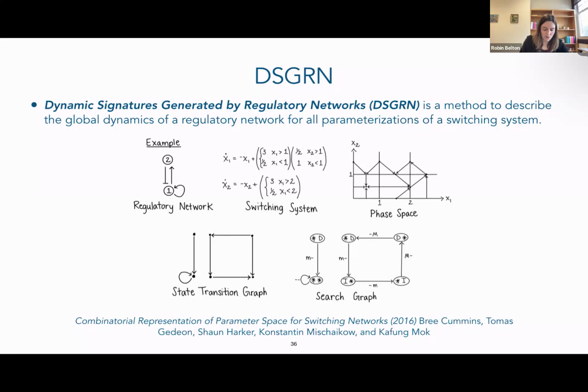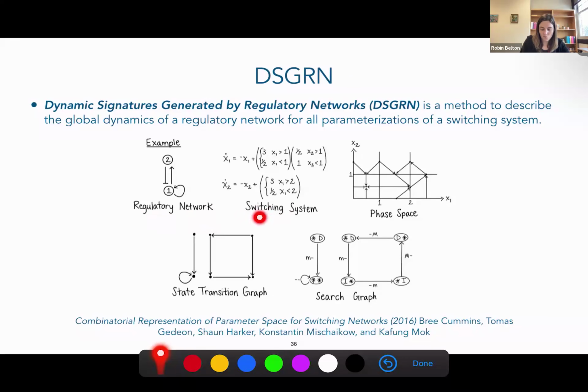So here's an example where you have your regulatory network. This is one particular switching system that you could associate to it, and there are lots and lots that we could associate. That's where the different parameterizations come into play, the different types of switching systems we can have. Here's a phase space of the switching system describing the dynamics.